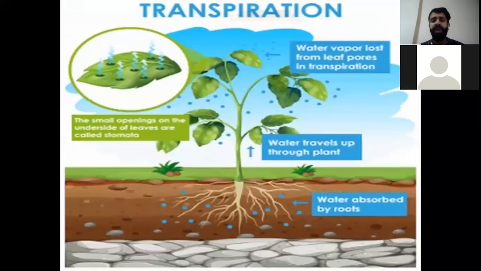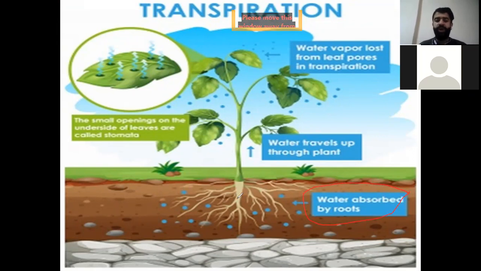Now we're going to move to an important process that occurs at the level of the plants, which is the process of transpiration. All of you know that the plant absorbs water through what? Through the roots, and to be more specific, through the root hairs. So water absorbed by the root has an upward movement.